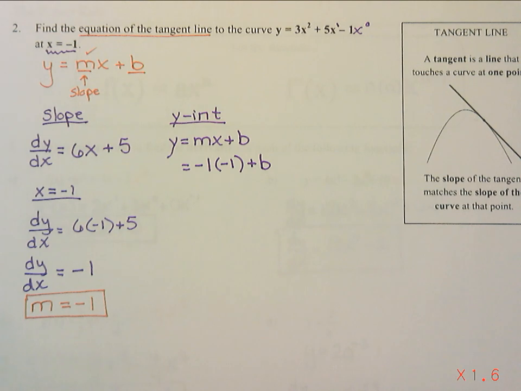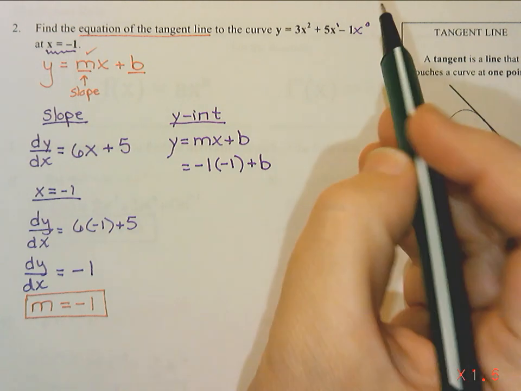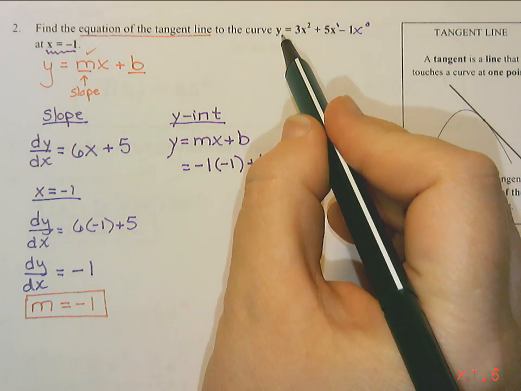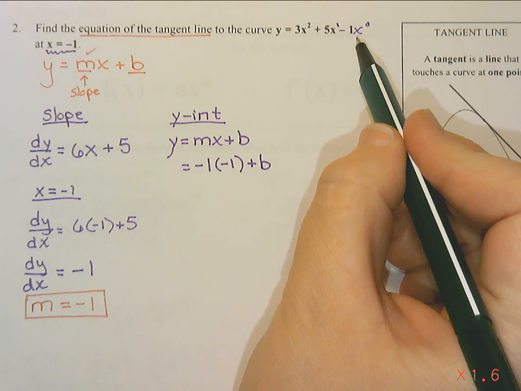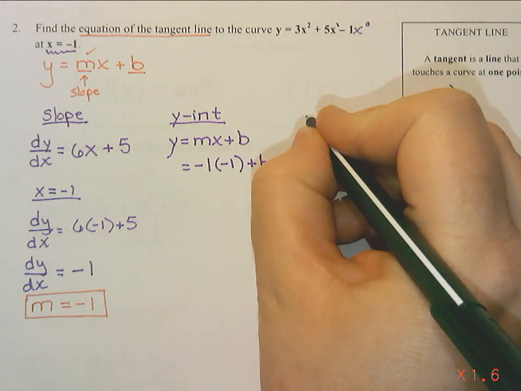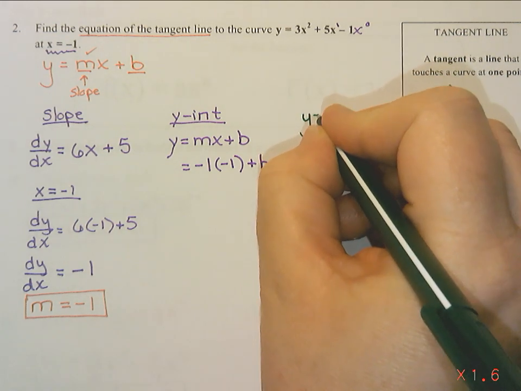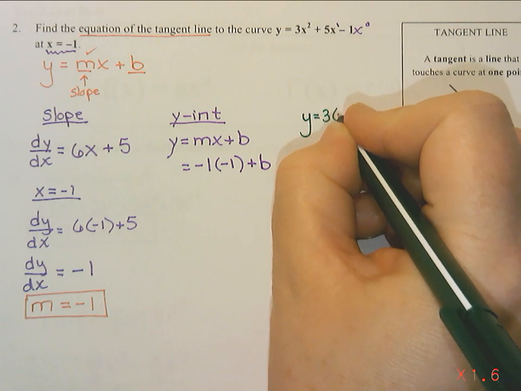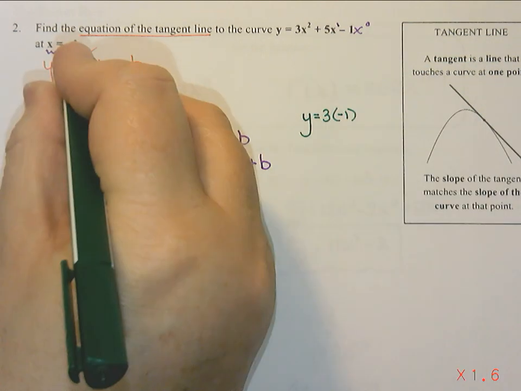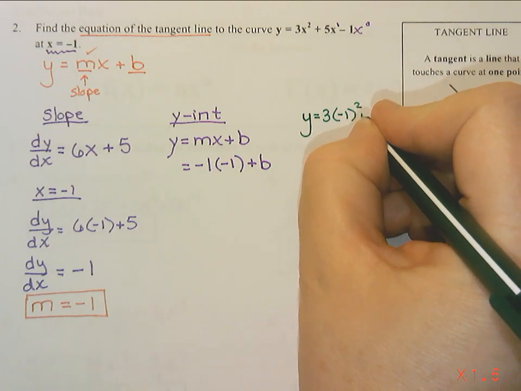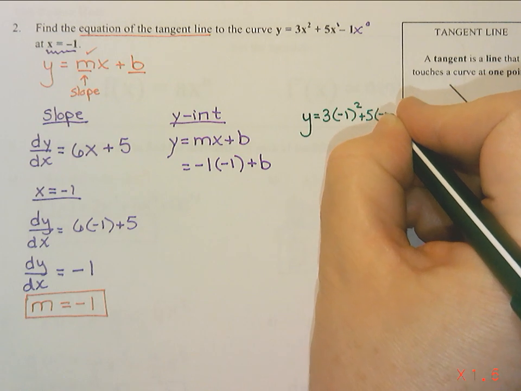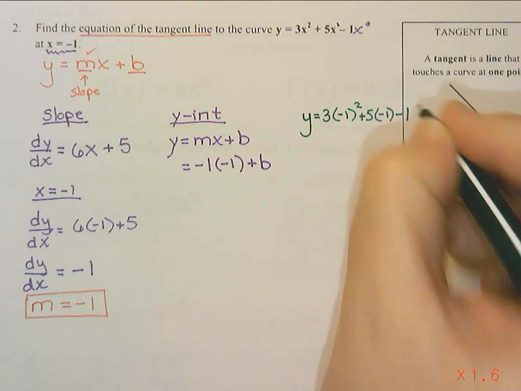How could I find y? Well, I could sub -1 into my equation and calculate the y. So to get the y value, I would do 3 times -1, right? That was my x squared, plus 5 times -1 minus 1.